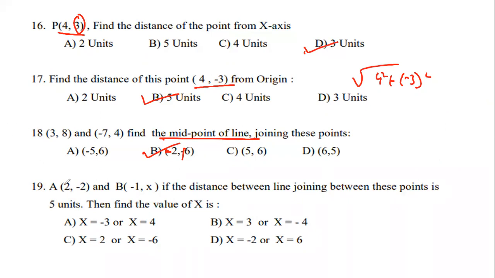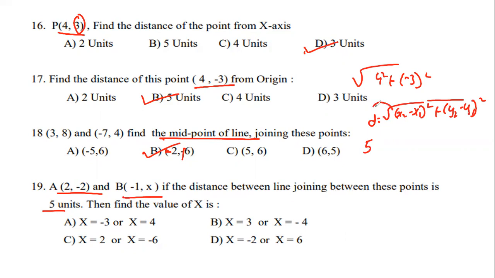Here, A of 2 comma minus 2, B of minus 1 comma x, the distance between these points is 5 units. Then the value of x is dash. So here you need to find out the value of x. Distance formula is square root of (x2 minus x1) whole square plus (y2 minus y1) whole square. So d value is 5.